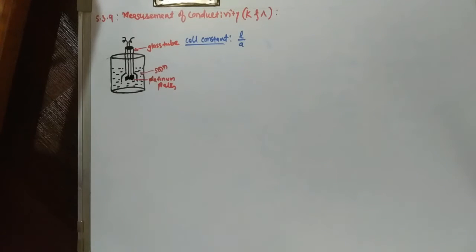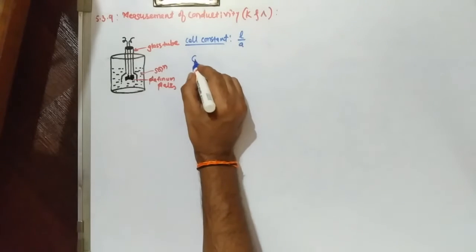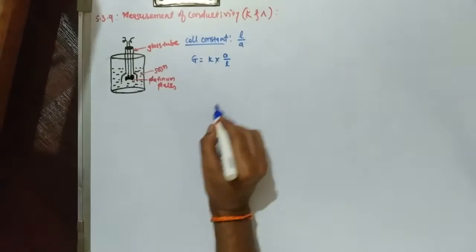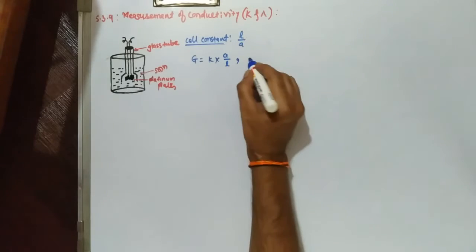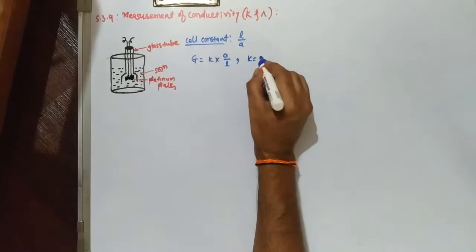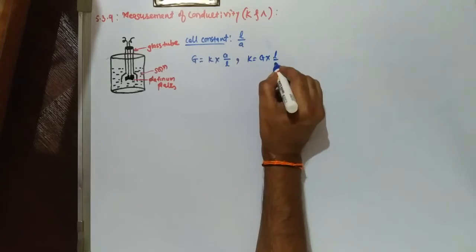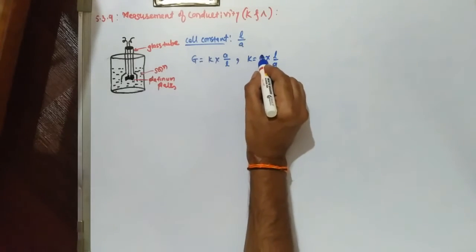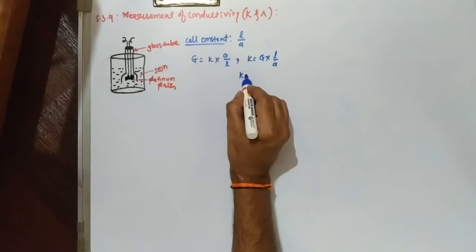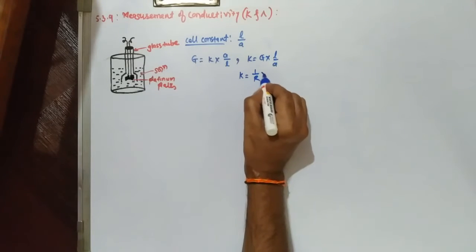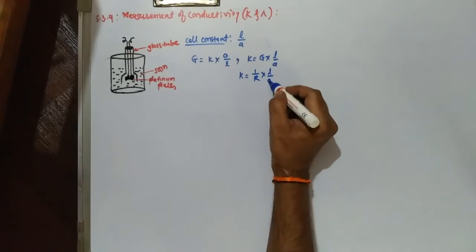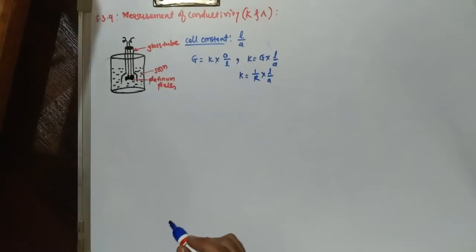Now see how this cell constant is to be calculated. As we know, conductance G is equal to K into A upon L. Therefore, from this we can write K is equal to G into L upon A. Here G is the reciprocal of resistance, so K is equal to 1 by R into L upon A. So this ratio L upon A is called the cell constant.